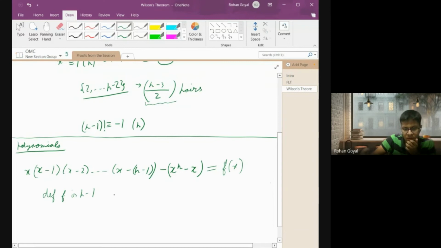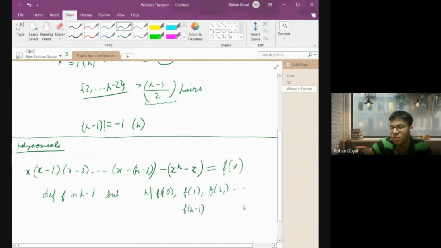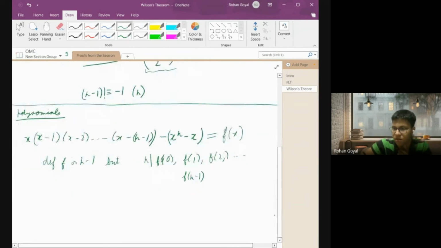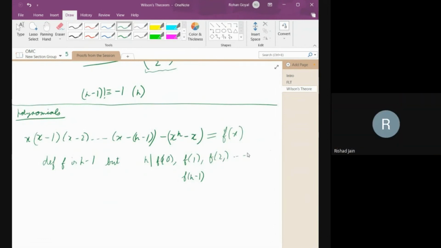But p divides f of 0, f of 1, f of 2, all the way up to f of p minus 1. It divides it for all numbers, so it divides each of these. Yes?